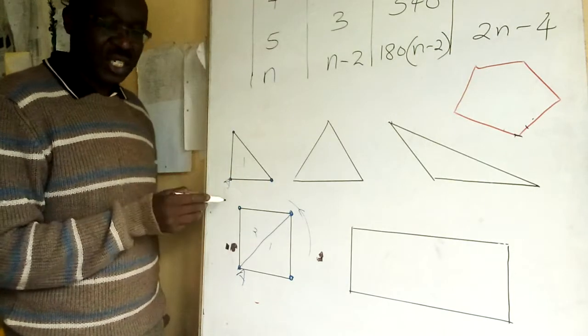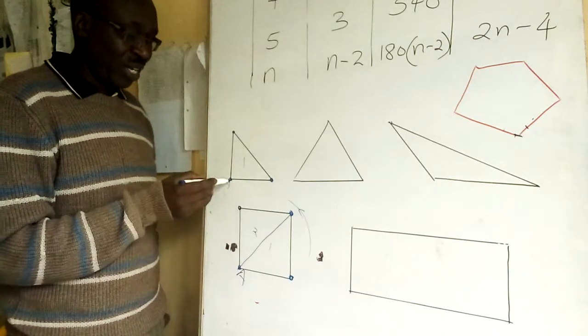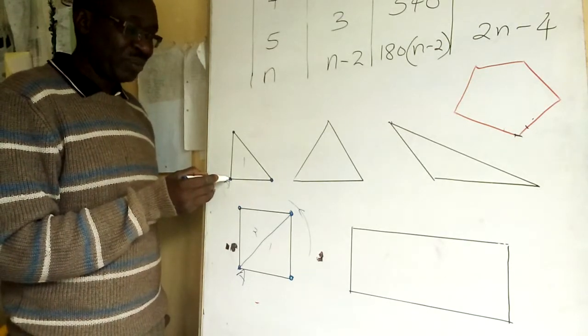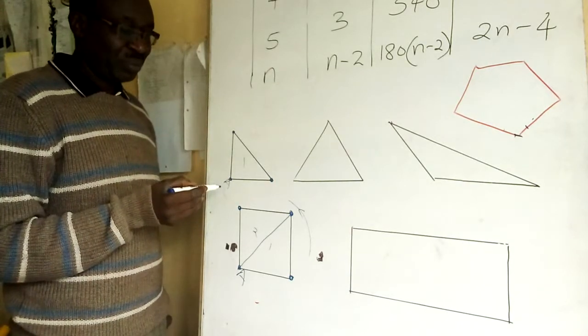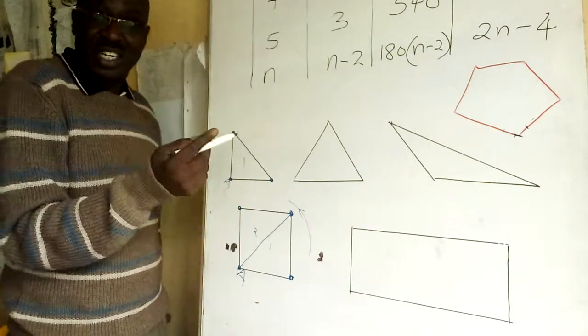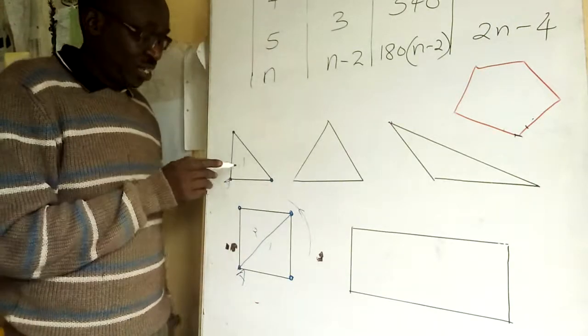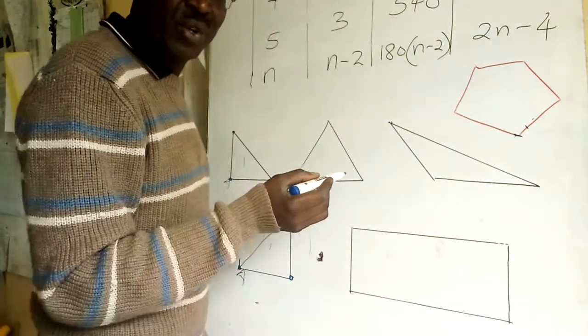So there are 3 corners. From A, I cannot go to the first corner. We have agreed. From A, if I go to the second corner, it forms a figure, and that figure is only 1, the one which was there. So it's 1.